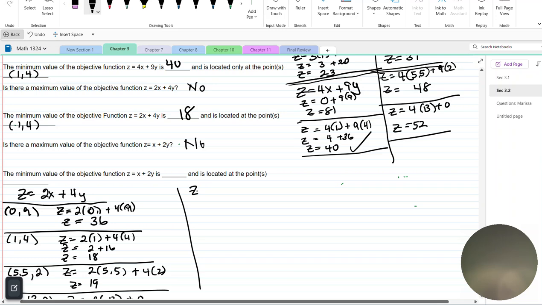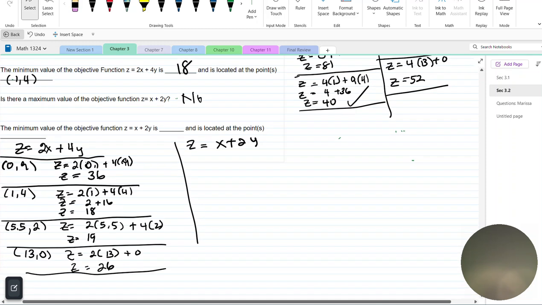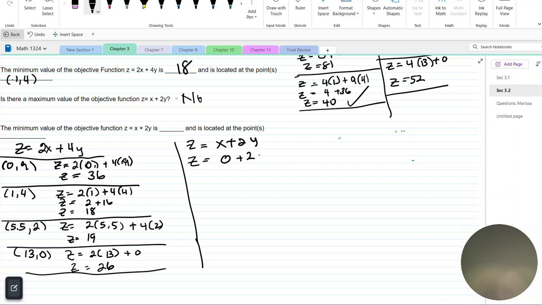Z equals x plus 2y. All right, so I've got my points. 0 plus 2 times 9. I get 18 on this one. On the (1, 4), it's 1 plus 2 times 4.